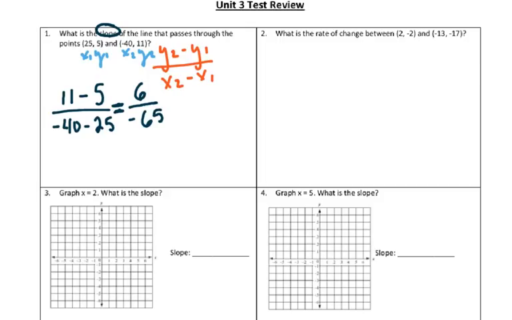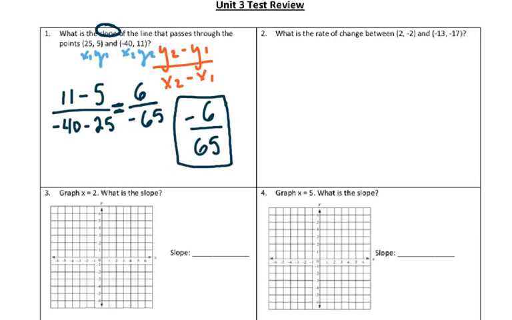So in our slope, you could write it as a decimal by doing 6 divided by negative 65, but that would not be a very pretty number, so you can just leave your slope as 6 over negative 65, which is the same as negative 6 over 65. When there's a negative, you can just write it in the front. Very easy. So number 1, rate of change: y2 minus y1 over x2 minus x1.